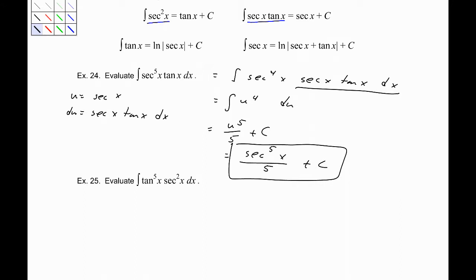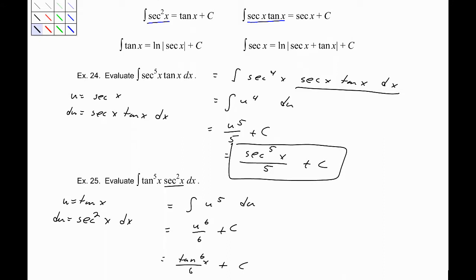So here we have secant squared, so I'm going to just use a u substitution of tan x, and then du is secant squared x dx, and this becomes u to the fifth du. So u to the sixth over 6 plus c, which is tangent to the sixth x over 6 plus c.